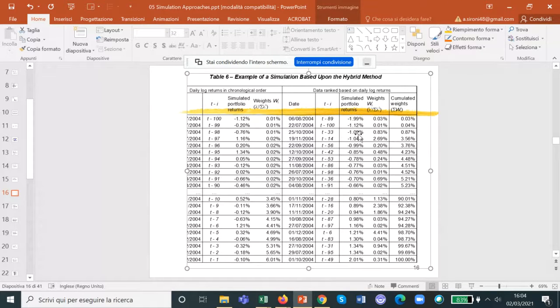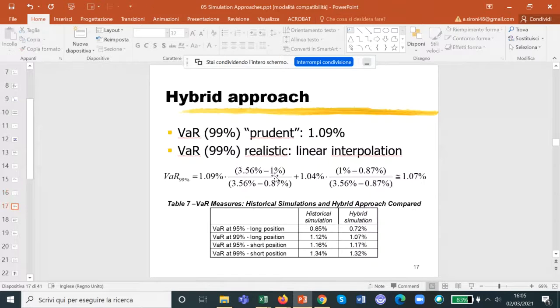This something should be much closer to 1.09 than 1.04, because 0.87 is much closer to 1 than the other value. We want this value to be 1%. So we compute a linear interpolation like it is computed here, and we get 1.07, which is closer, as I said, to 1.09 than to 1.04.